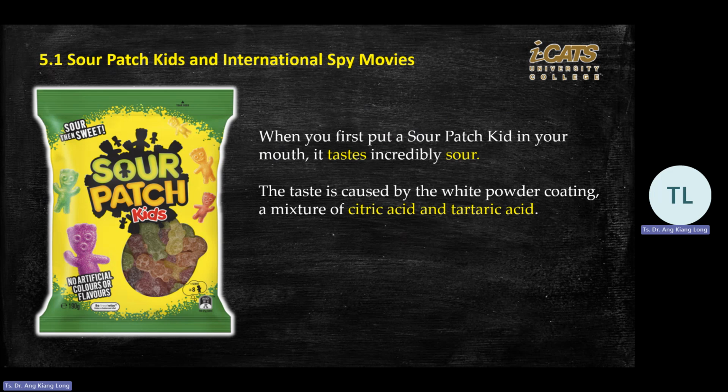Why? Because you have acid from your stomach and you taste it with your tongue sensor. So the first property of acid, by smell or by feeling, is sour.